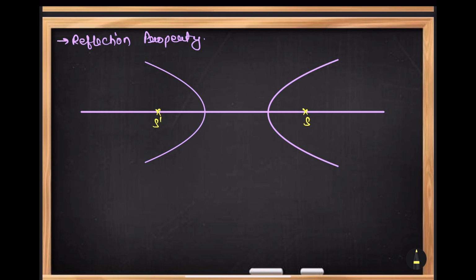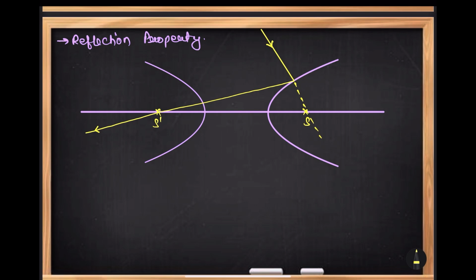So suppose that a ray of light is coming and it is striking the surface. Okay, so this is your incident ray. After striking, it will appear that it is passing through the foci. Okay, so this is the first idea.